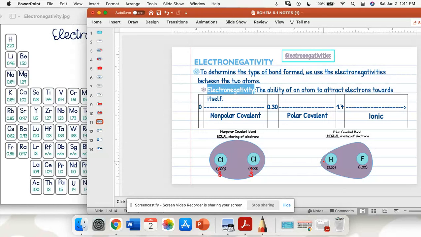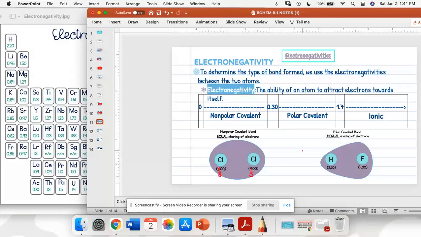However, a bond between hydrogen and fluorine has an electronegativity difference that would put it in a polar covalent. So this chlorine-chlorine is considered nonpolar. There are no poles you can think of. There's nothing pulling on the other one. However, this bond over here, which is two nonmetals still, so it's covalent, the fluorine has a higher electronegativity than hydrogen.